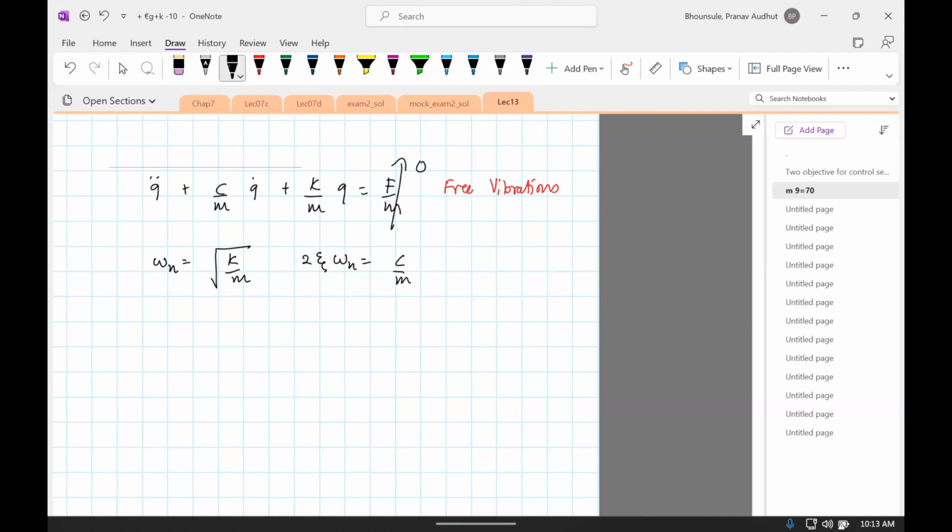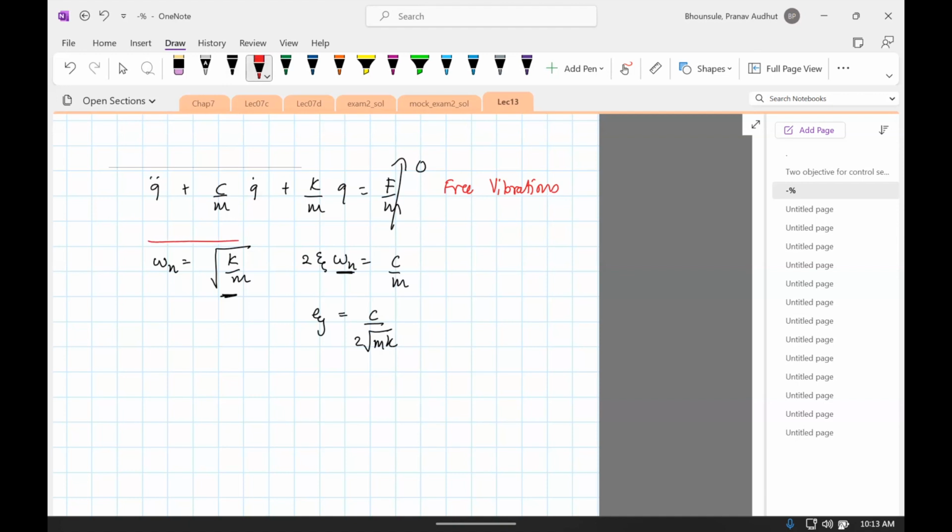If I do that, I end up getting c divided by 2 square root m times k.